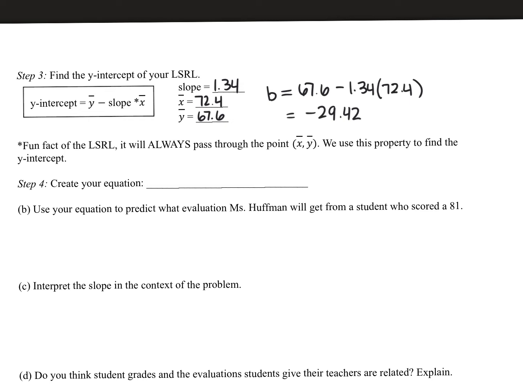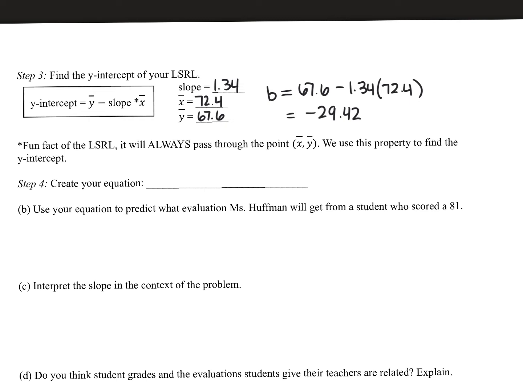If you wanted to go more, you could. Just a bit of information: your least squares regression line is always going to pass through the point where the means for both of your data are. So if I had the point 67.6 comma 72.4, my line of best fit is going to pass through that point, which is why we use it to calculate the y-intercept.